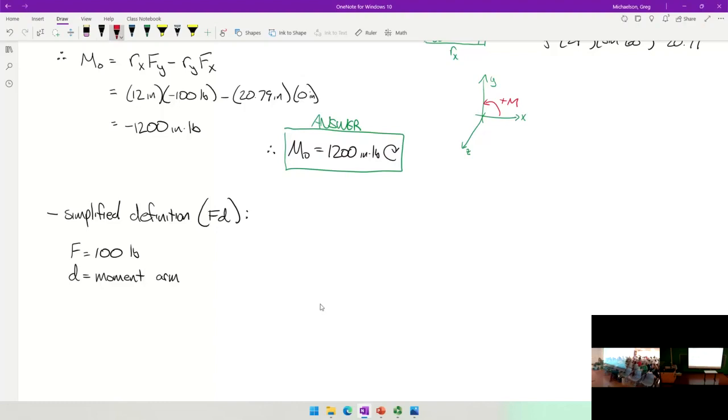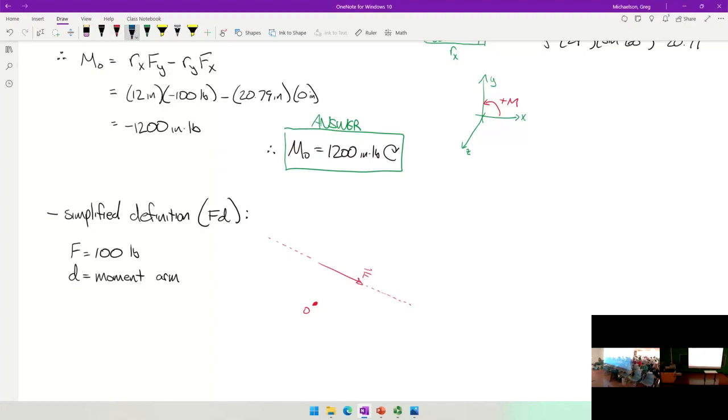All right, so I have point O, some point out in space, and I have some force, and I have the line of action of that force.